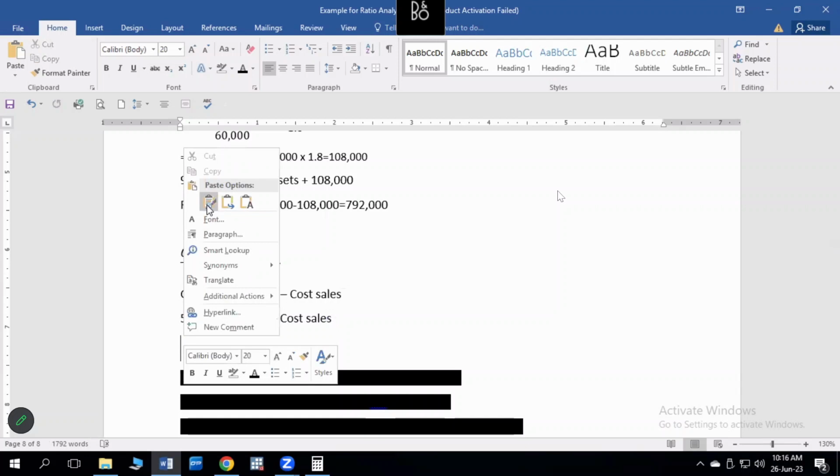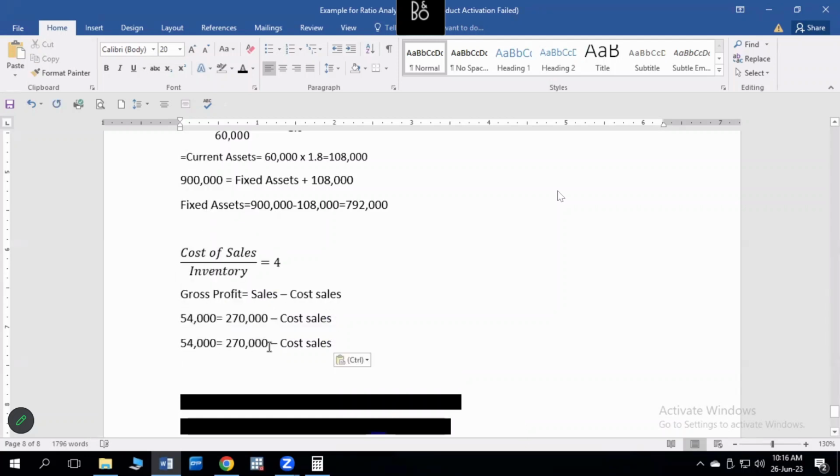You rearrange the formula, cost of sales as the subject, equal to 2 lakhs and 70,000 sales minus 54,000.